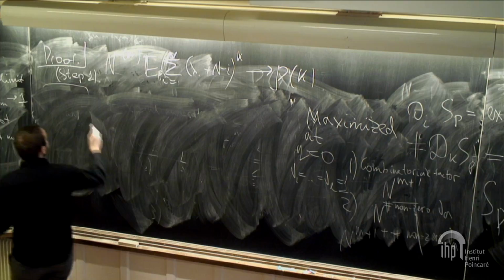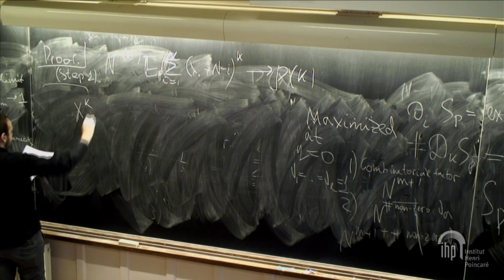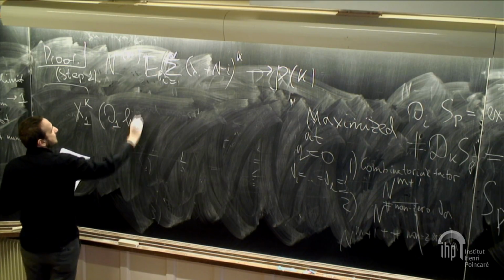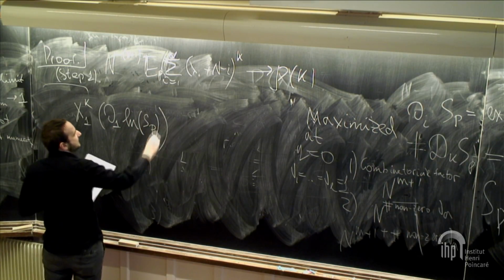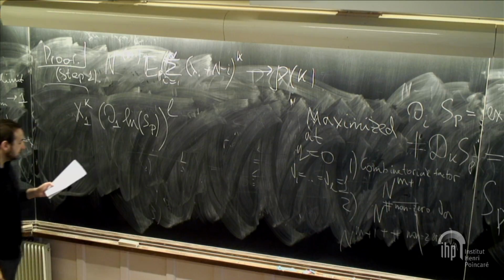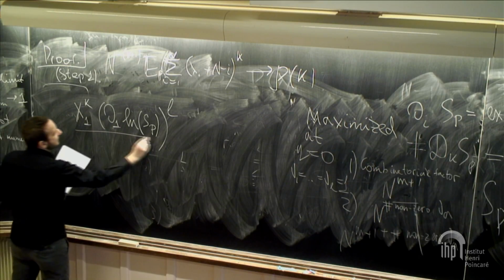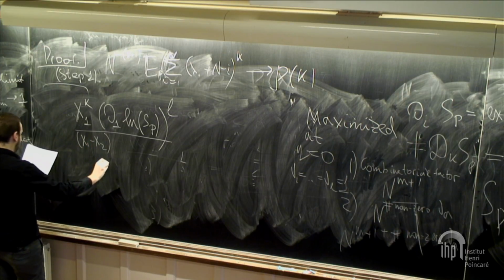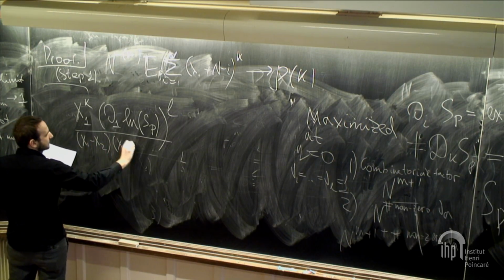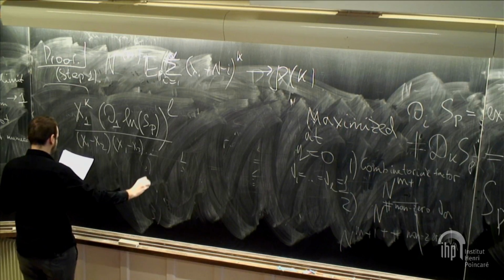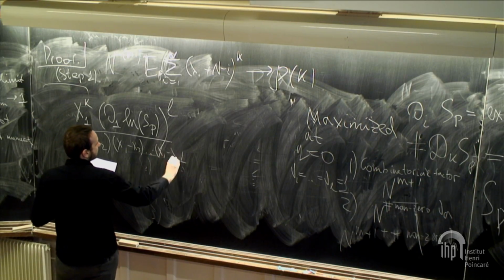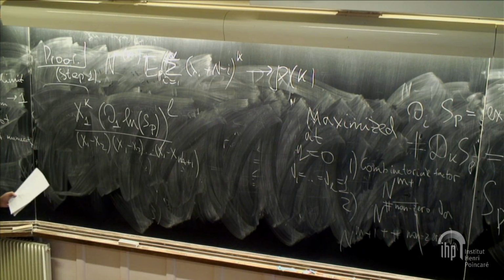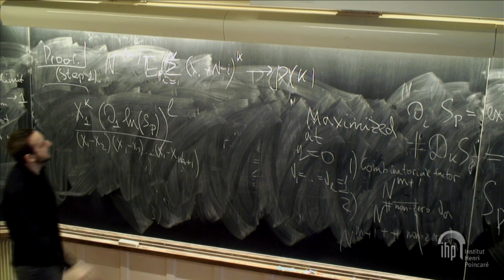It is x1 to the k, d1 logarithm sp to the L, and then divided by x1 minus x2, x1 minus x3, up to x1 minus x m plus 1. And here L plus m is probably k.